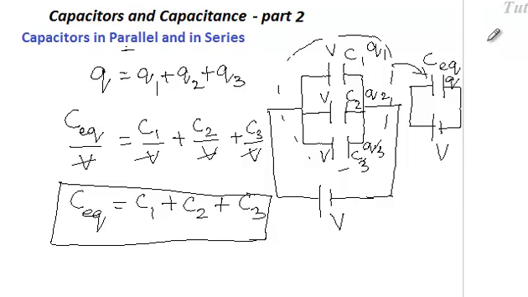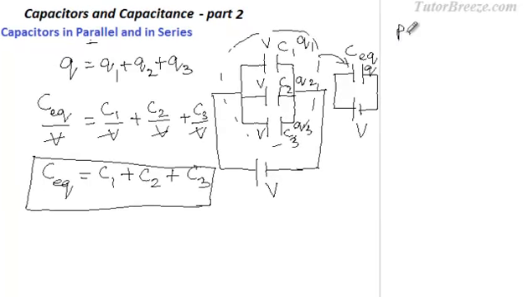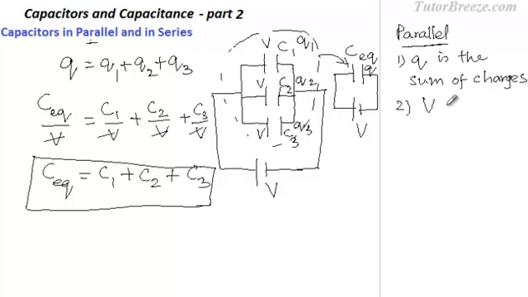So, we can just summarize this: in case of a parallel combination of capacitors, Q is the sum of charges across all capacitors, V is the same across all capacitors, and C equivalent is the sum of all the capacitances. Instead of 3, if you had 4, 5, any number of capacitors, similarly you can add up to find the total capacitance.